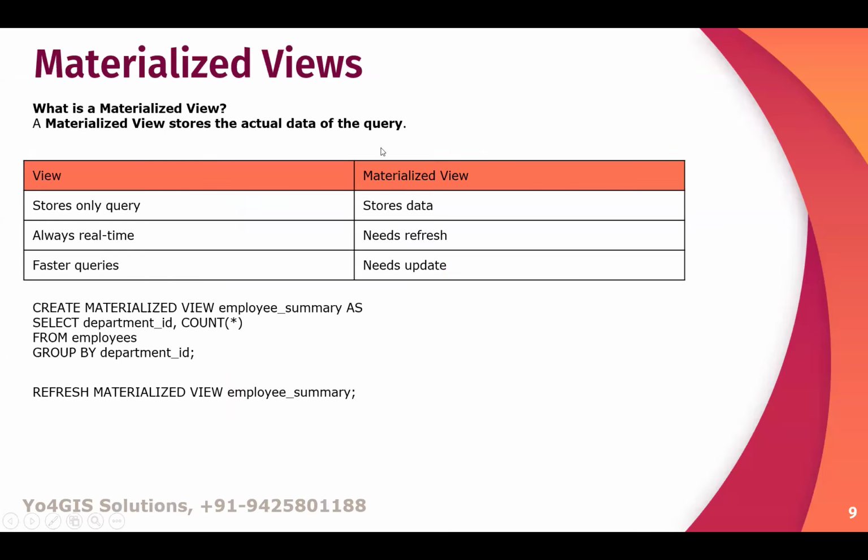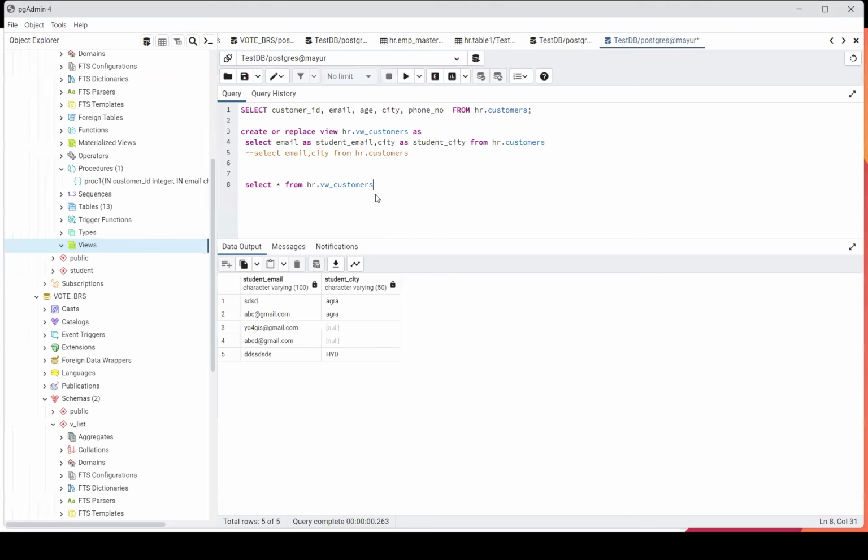In a materialized view, the problem is this. Let's suppose that instead of a normal view, you have created a materialized view. If I create the materialized view now, we have 5 records here. After that, let's suppose someone inserts some data in the customer table. Then if I run select star from the materialized view we created, you will not get the updated record.